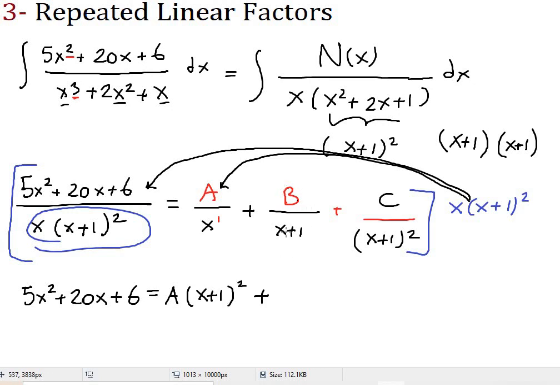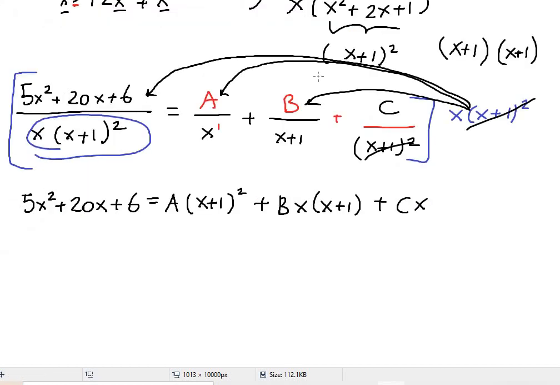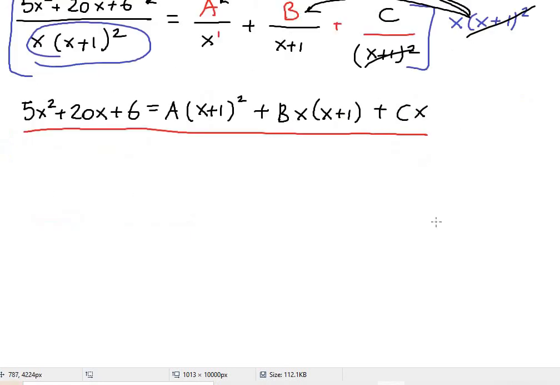If I multiply b over (x plus 1) with the LCD, the first factor cancels, then I'll have b times (x plus 1). And if I multiply this with the LCD, that cancels, so cx. Now I have this equation. Here you can either give some arbitrary values for x, or you can equate terms.